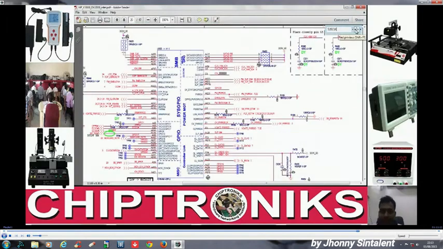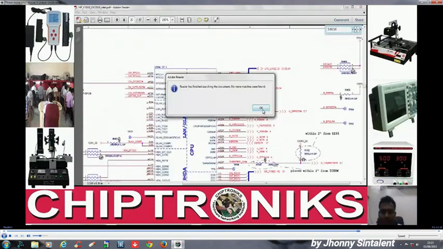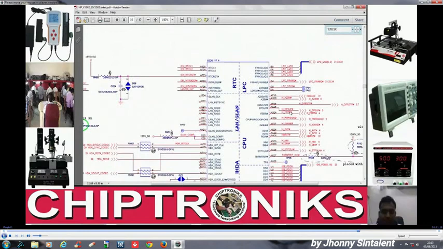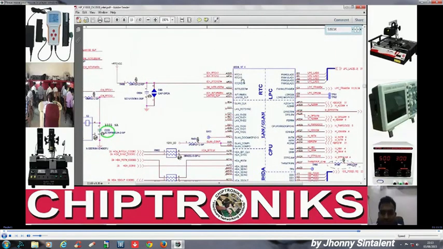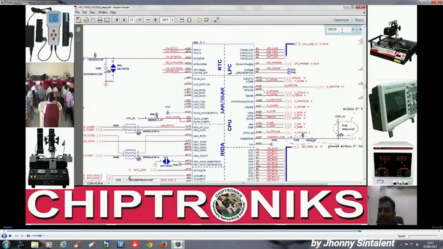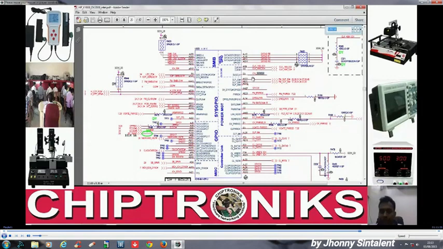We go back over here to the RTC section. You see this is RTC-X2, RTC-X1. Here the waveform would have a little more amplitude than this. And the PCH has also implemented the SUSCLK signal, ICH_SUSCLK.